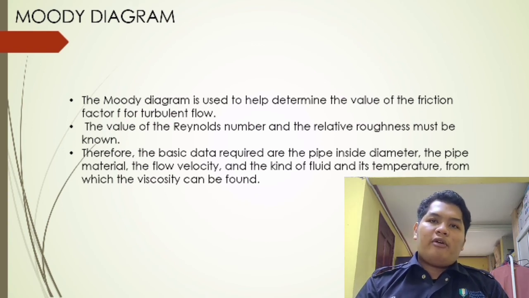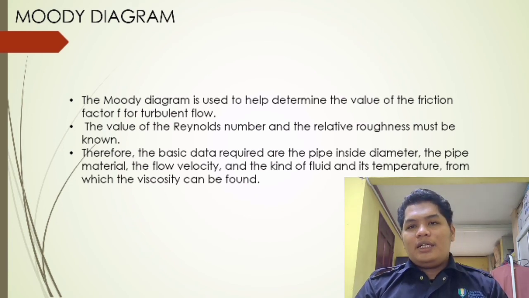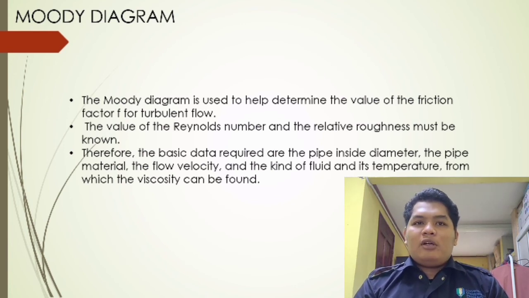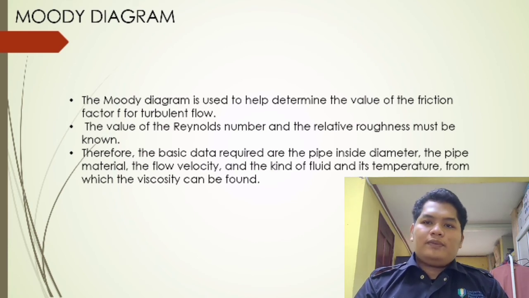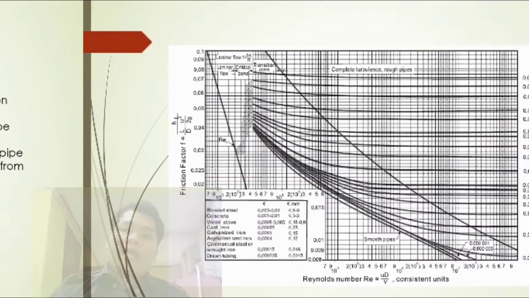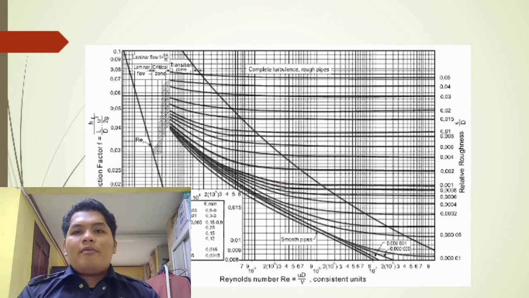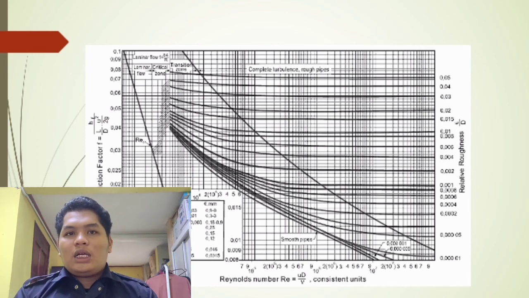Therefore the basic data required are the pipe inside diameter, the pipe material, the flow velocity, and the kind of fluid and its temperature from which the viscosity can be found. Next, this is a Moody diagram, and you need to use this diagram to calculate friction loss.